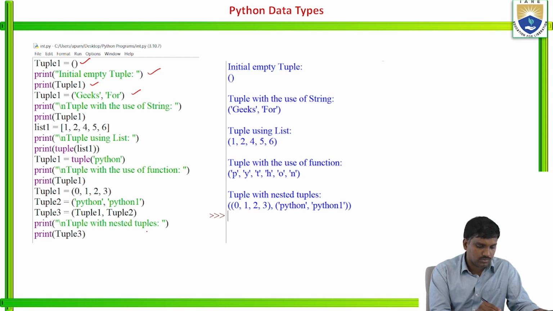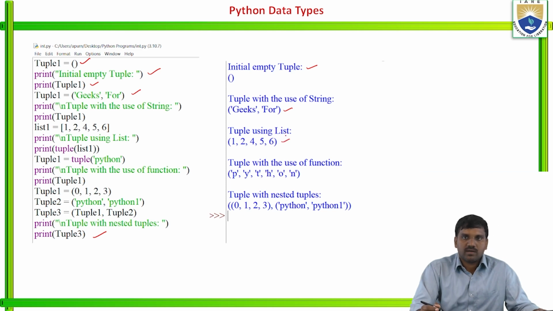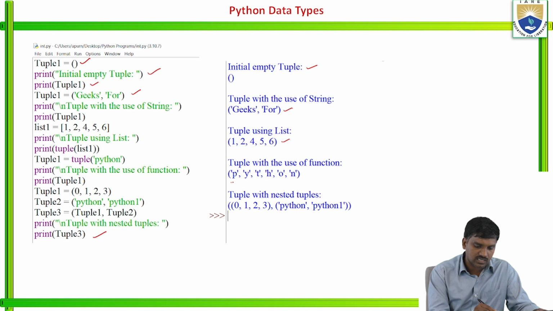After executing the program, it prints the initial empty tuple, a tuple with the use of strings, a tuple with a list 1, 2, 4, 5, 6, a tuple with the use of functions separated by commas, P, y, t, h, o, n, Python, and a tuple with nested tuples. Nested means within one group, one bracket, there is again another bracket. So that is nested.